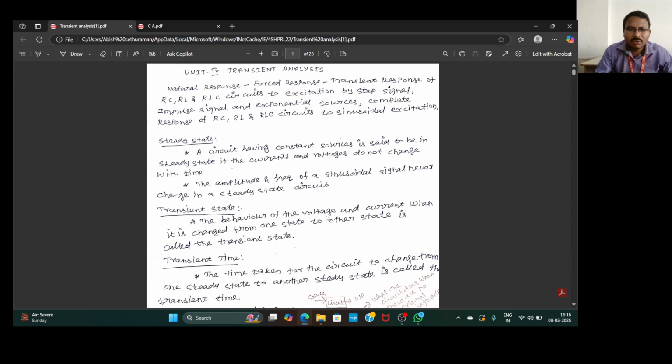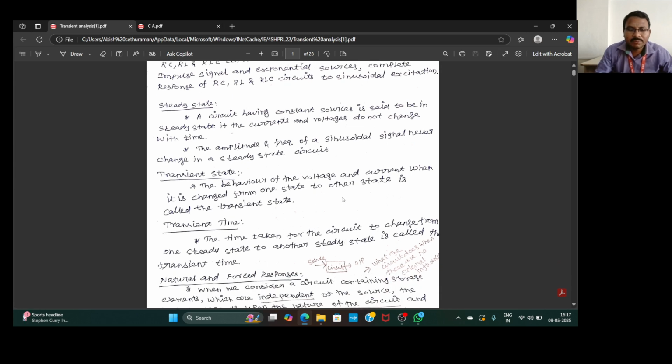So basically, what is meant by steady state? A circuit having constant sources is said to be in steady state if the currents and voltages do not change with time. Ultimately, that is a constant source. Generally, we call it steady state. Then the transient state is a variation, some change.